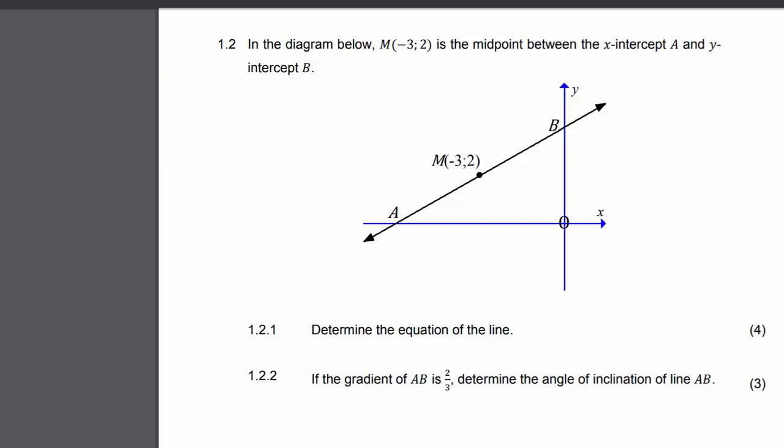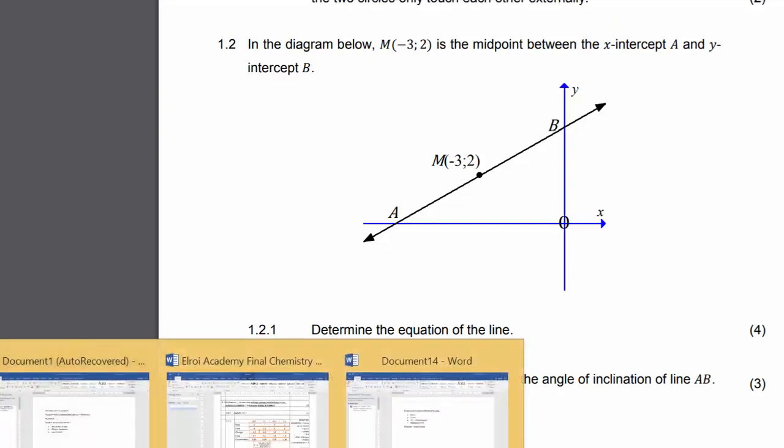It's a midpoint. Now, if this is a midpoint, I know that it's halfway between these two values. In other words, it's halfway here. So if I go from here halfway and it's -3, then all the way up here, A is equal to -6. If this one is halfway up to B, then it's at 2, so all the way up to B is at 4.